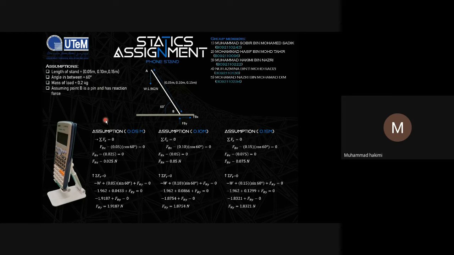Okay. Assalamualaikum warahmatullahi wabarakatuh. For my part, I will explain about calculations. Calculation on our assumption when the length of stand is 0.05 meter. First, we start from the x-axis. We know our net force on the x-axis is equal to 0.